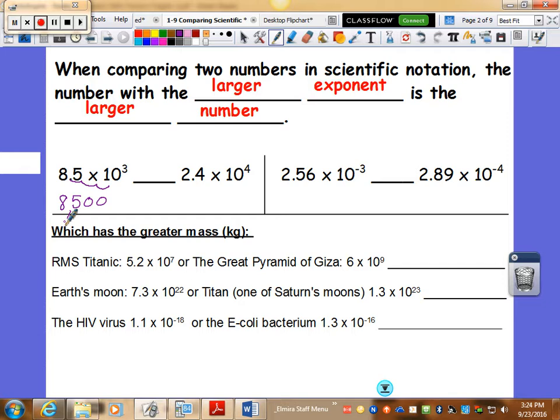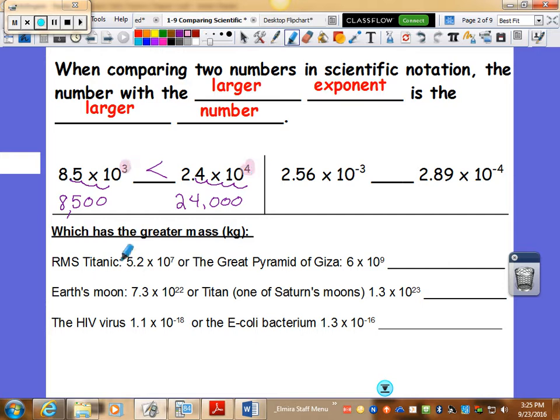And if I converted the other number to standard notation, that would be 24,000, because I'm moving the decimal another time. So 3 zeros here. When it's in standard notation, it's really easy to see that 24,000 is larger than 8,500. But we could also tell by looking at the exponents.